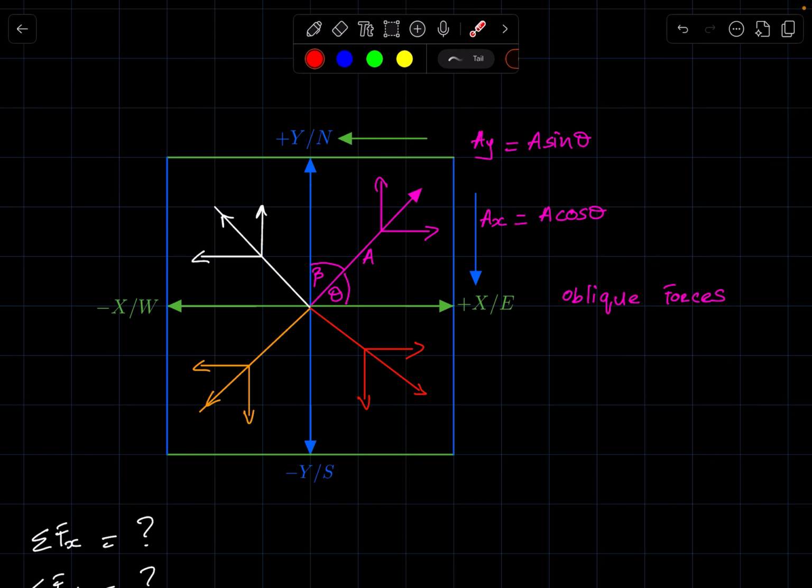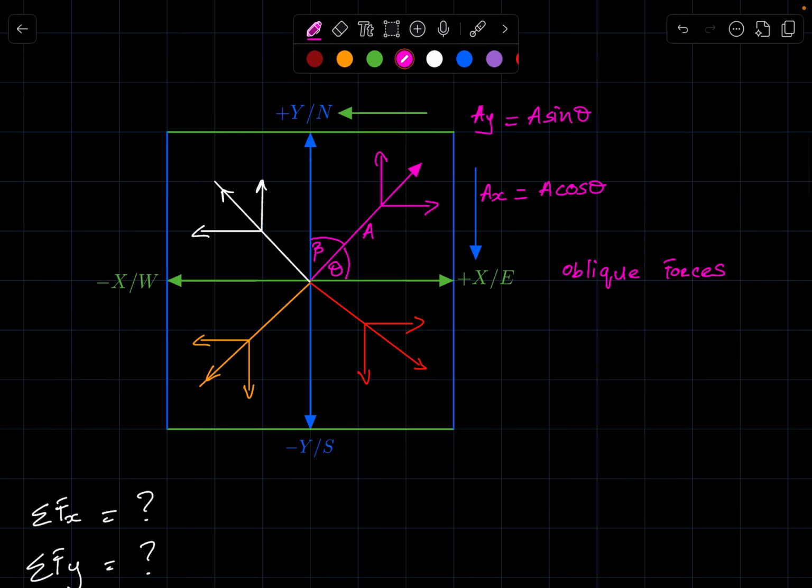Whereas if the angle you are using is a reference from the y-axis, so for instance beta here, from the y-axis to the oblique vector A, we have this angle beta. If you use beta instead, that will mean the y component of A will be A cos beta, and the x component will be A sine beta.